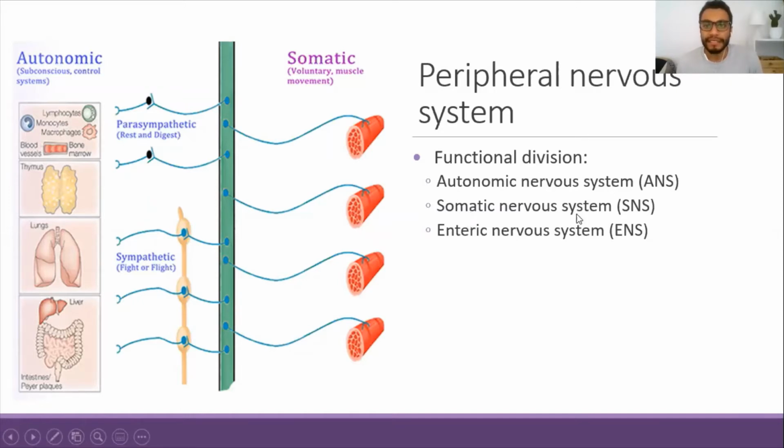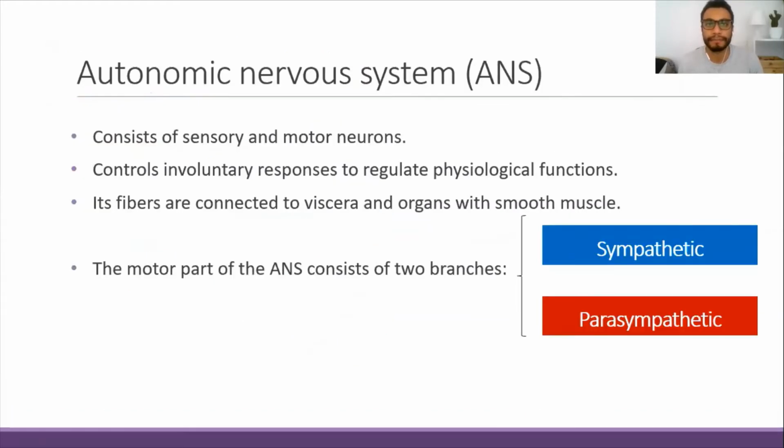The somatic nervous system mainly innervates the muscles, that are the effector organs. So those are effectors, and they control voluntary movements. And finally, the enteric nervous system is more related with the activities of the digestive system, that we'll see further in detail.